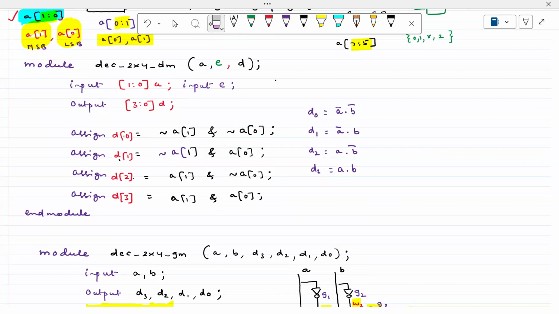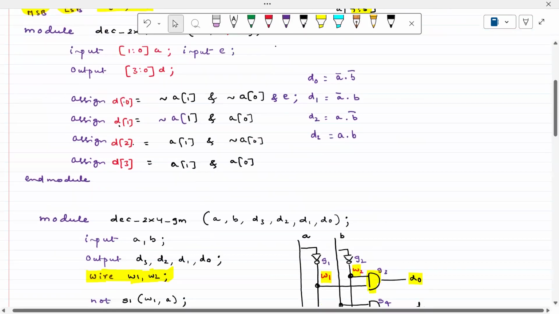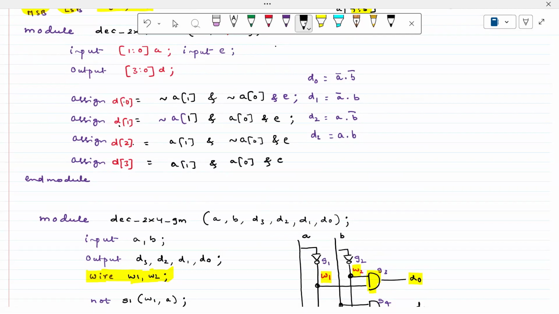Simply, we can modify this program: remove this and write E. This is how we need to write the program, with E in each output. Got this point?